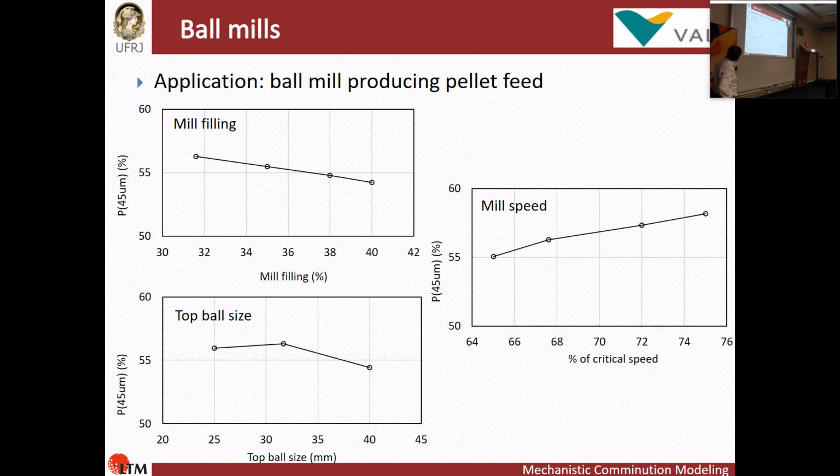Surprisingly, lower fillings are beneficial. Increasing mill speed within the range was beneficial, whereas for ball size, they already recognized that there's an optimal ball size, with no benefit to going finer. So this is a model already applying to a continuous milling system, giving sensible results.